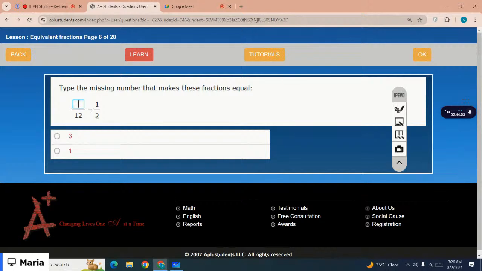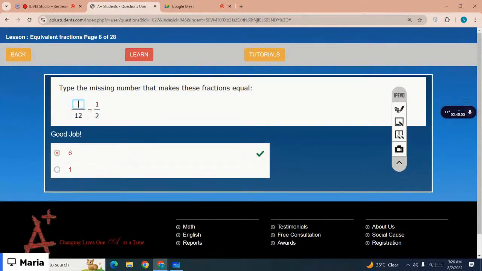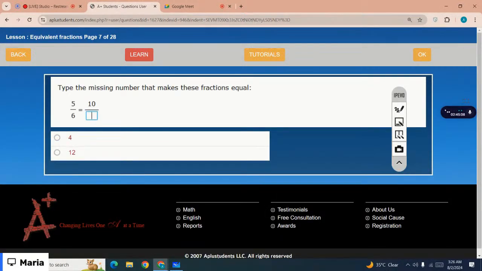Yes, that is 6 over 12. The correct option is 6. Option number 1. Please do not guess the answers, right? Solve and then select the option that is 6 over 12. Okay, you can complete the lesson by yourself. Let me just move on to next one.